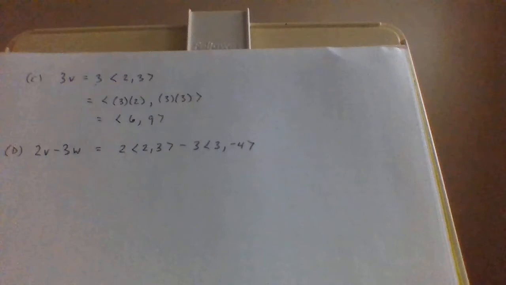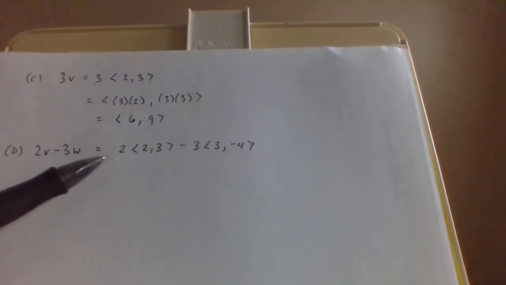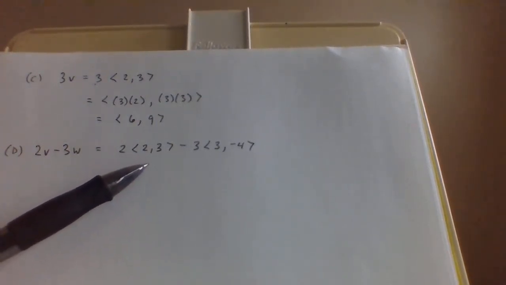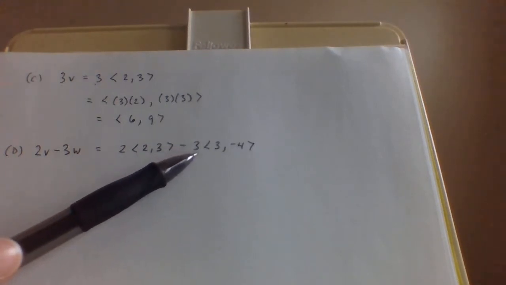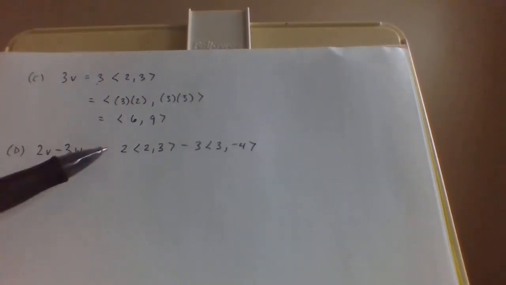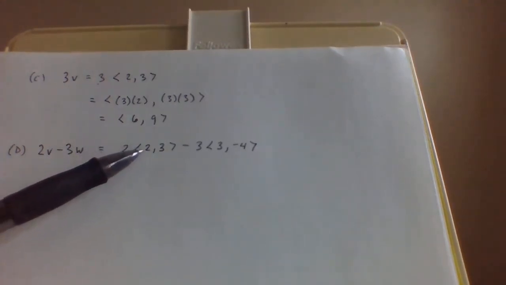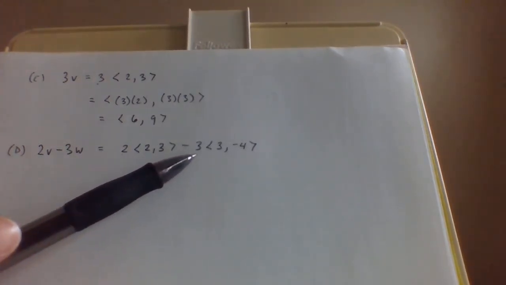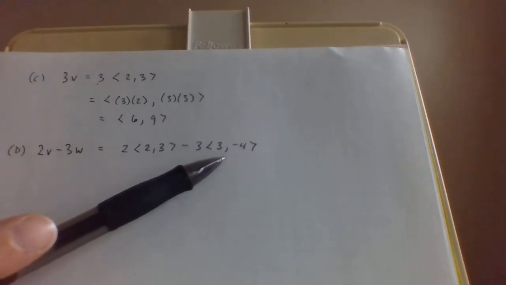Let's do two more. For part D, we're going to calculate 2v minus 3w. Let's set this one up. Here we have 2 times vector v minus 3 times vector w. Remember that in this case we're going to multiply each component by the 2, and on this one we're going to multiply each component by 3.